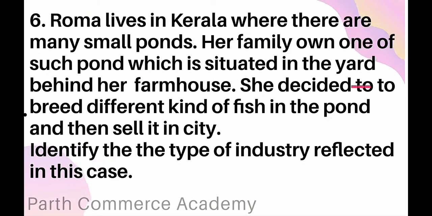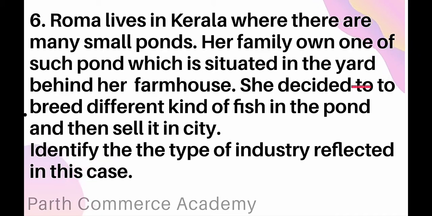Next is, Roma lives in Kerala where there are many small ponds. Their family owns one small pond which is situated at the yard behind her farmhouse. She decided to breed different kinds of fish in the pond and sell them in the city.